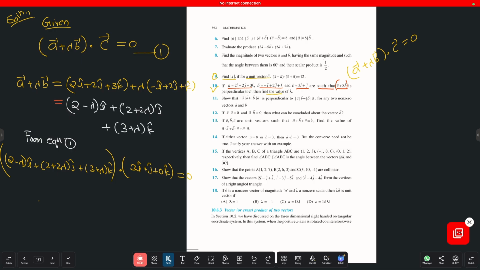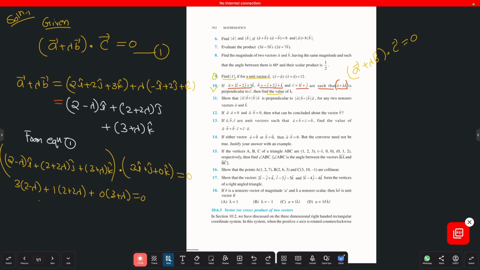So dot product means component by multiplication, because i dot i will be 1. So multiply: 3 into (2 - λ) plus 1 into (2 + 2λ) plus 0 into (3 + λ) equals 0.